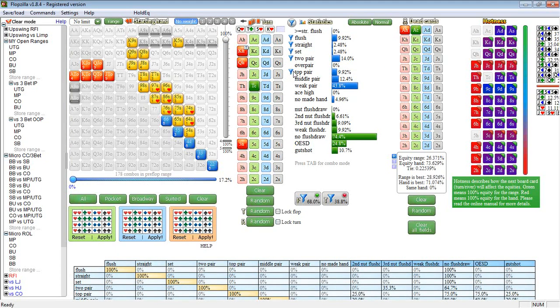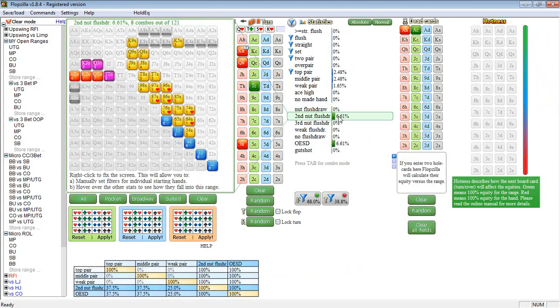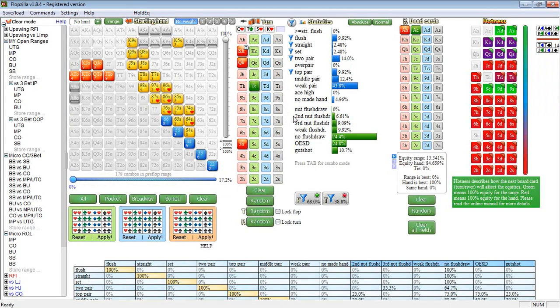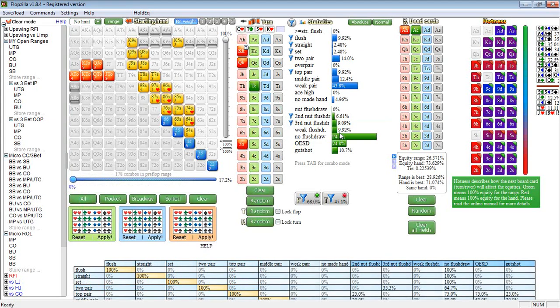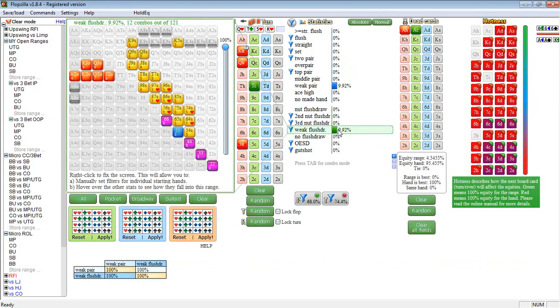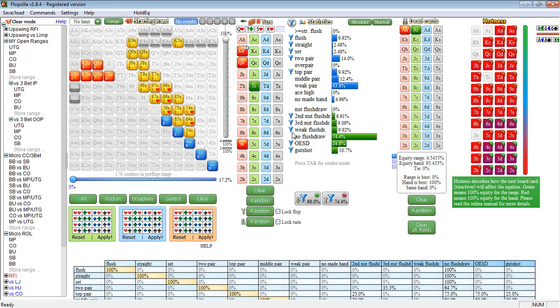So let's say he'll call with all of that, and he'll also call with some draws. Call with the second nut flush, the third nut flush, maybe some weak flush draws. Well, let's give him an open ender. Let's say he would call with gut shots and flush draws, weak flush draws. Okay, so let's say he'll even call with 74% of his range.